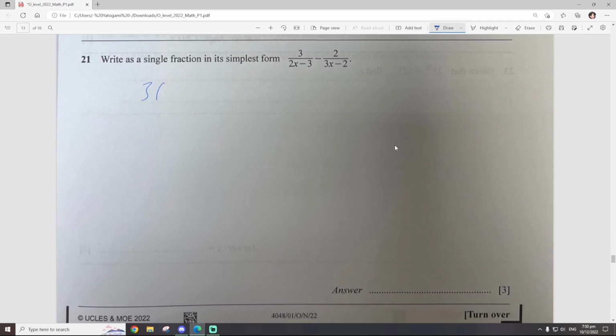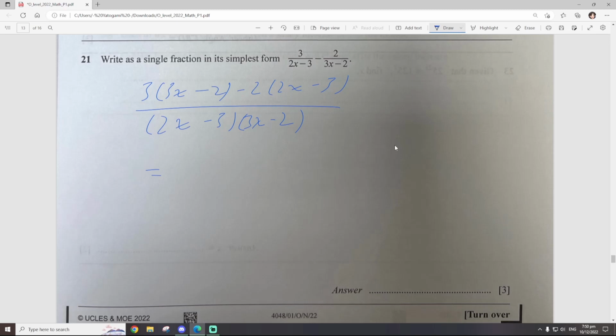So this one, we multiply and make the common denominator: 3x minus 2 and 2x minus 3. This is like an EMaths paper 2 question 1 kind of question. Your teachers may have taught you no need to expand the denominator.